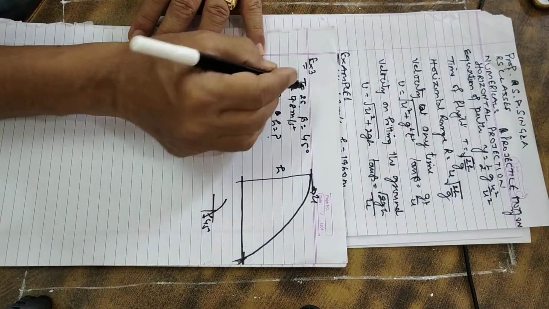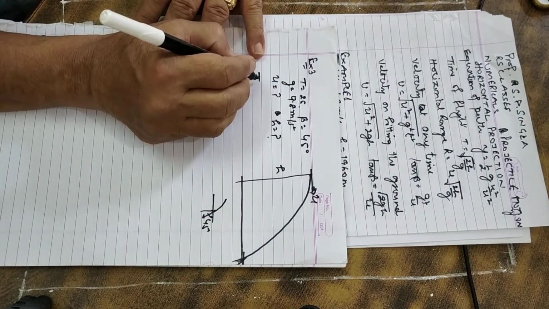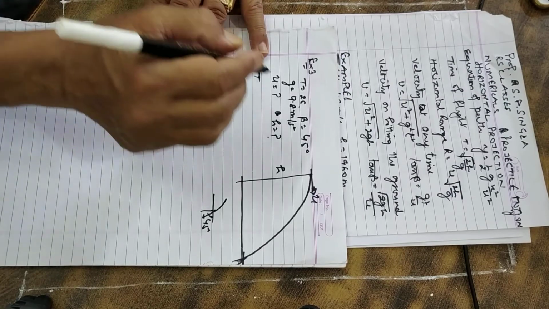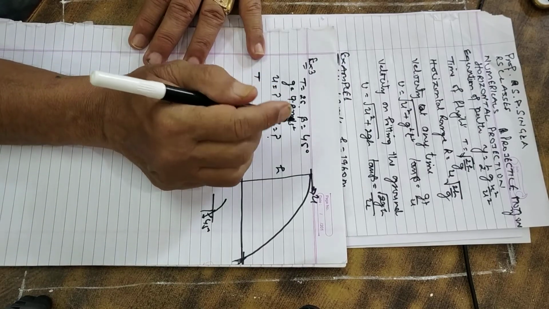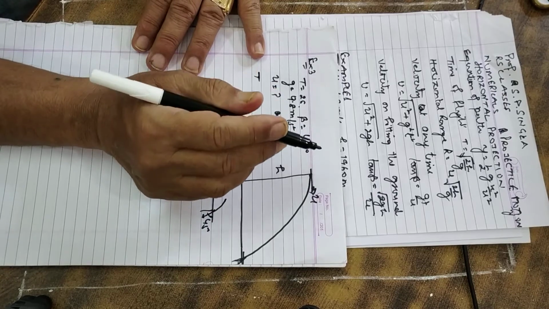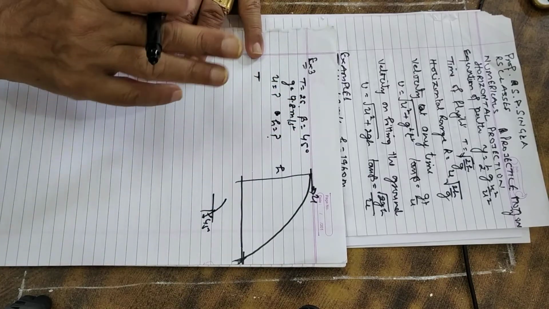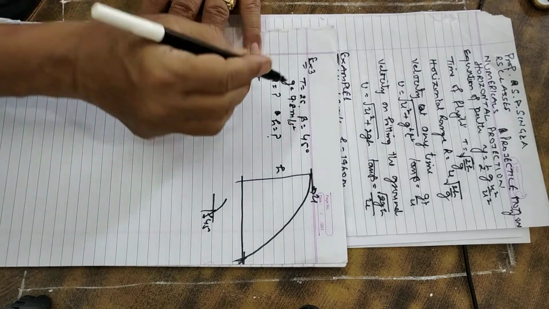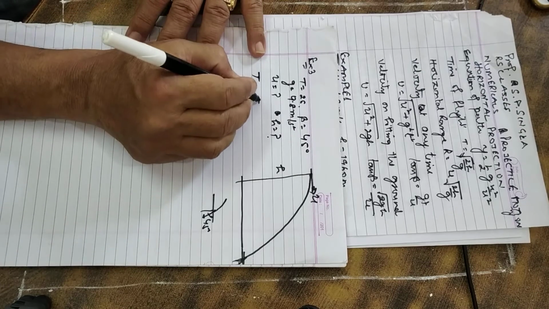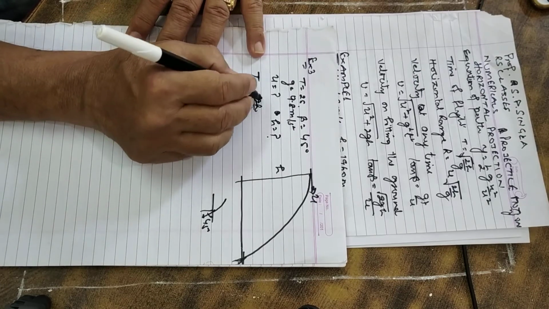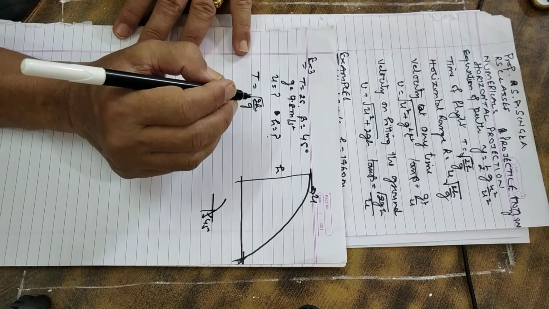Now first, time is given, t. Formula for time is under root 2h upon g.